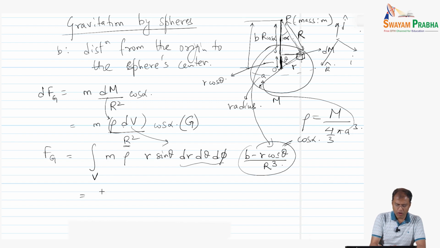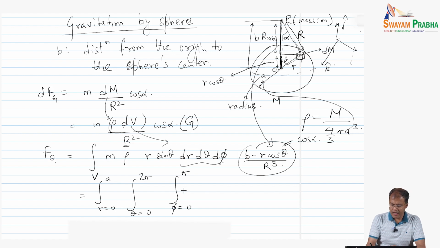And finally what we have as the integral is: r is from 0 to a, theta is from 0 to 2 pi, and phi is from 0 to pi, and then everything else is m times rho times g times dv.